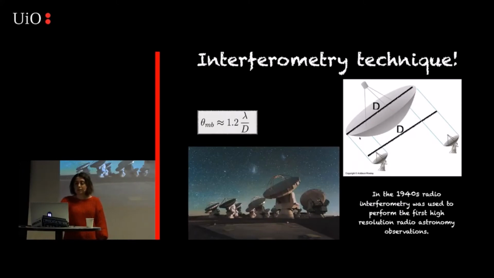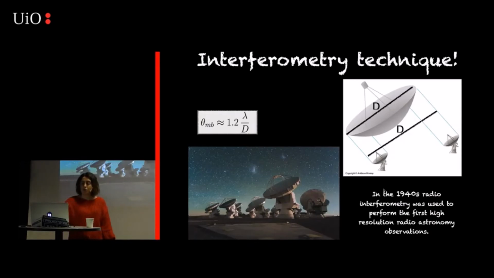With this technique, as we increase the number of antennas, we can get better and higher-resolution observations. This technique was first used in the 1940s, and using it we can get very high resolution observations where we can see all the structures in the stars and even the galaxies. We can distinguish all the components, which is pretty amazing.